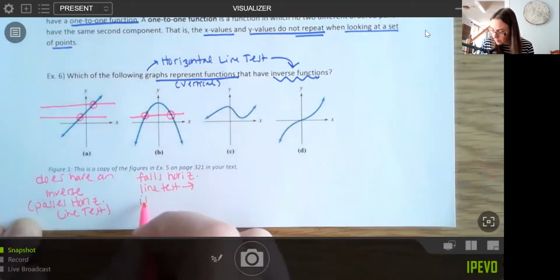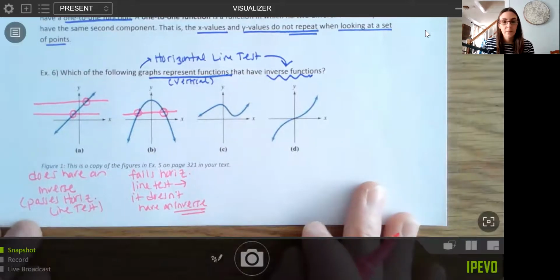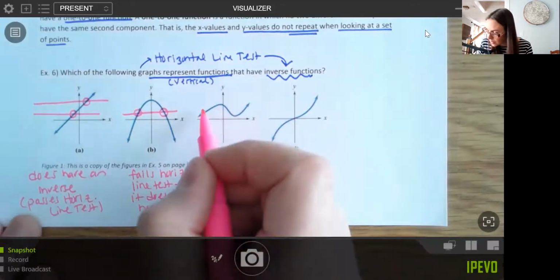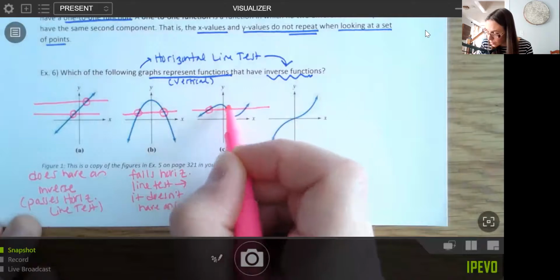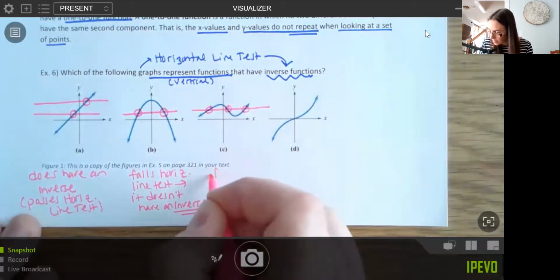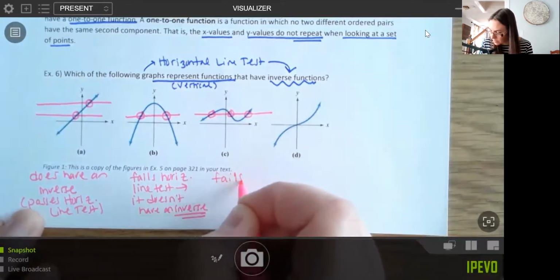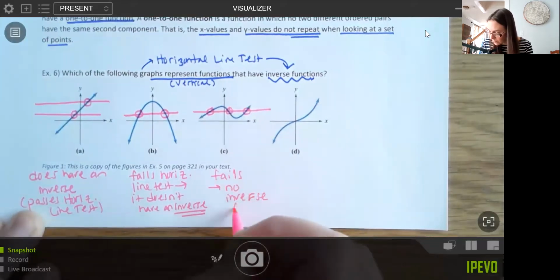So it does not have an inverse, excuse me. This one here also fails, right? If I draw right here, I hit 1, 2, 3 times. I just need to hit twice. So this one also fails that horizontal line test. So there is no inverse function.